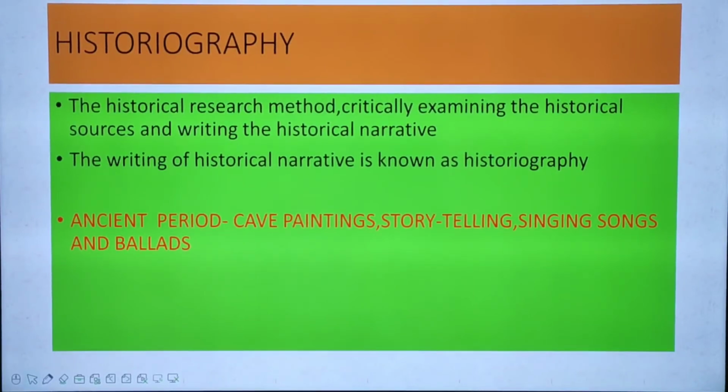As you enter the pyramid, you see the paintings, and then you start putting things together. Oh, this was a place where the king was born, then he got married, then he fought so many battles. Everything is put across on the walls inside the pyramid. So what is that? That is nothing but historiography.